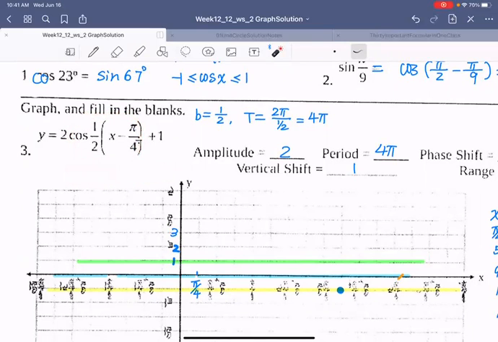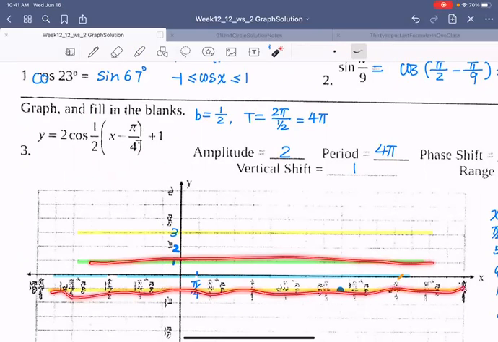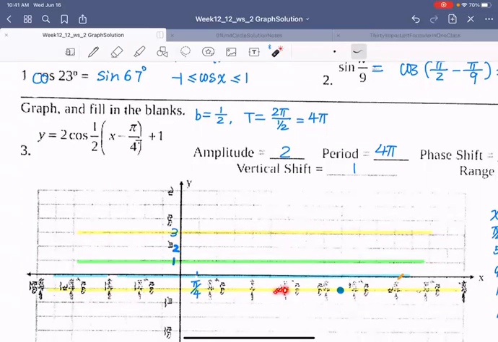So your maximum point is going to reach over here. So that's the midline. This is the lowest line. This is the maximum line, okay? So those are the trough positions, those are the peak positions. This is the midline position.